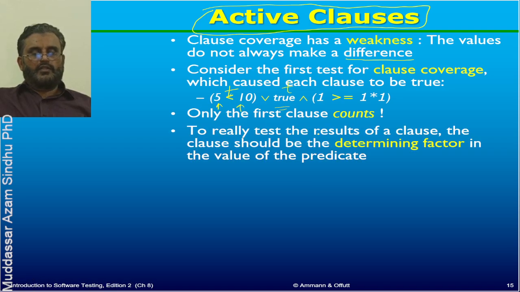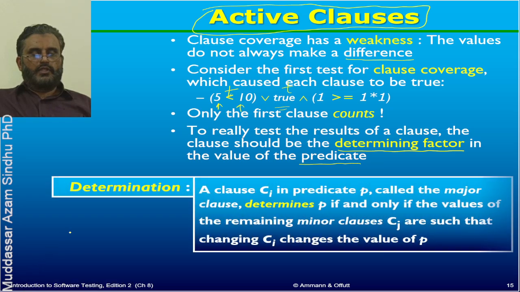To really test the results of a clause, the clause should be the determining factor. It means that it actually determines the whole value of the predicate. So how can we make the clause determine the whole value of the predicate? Here is the definition of determination.